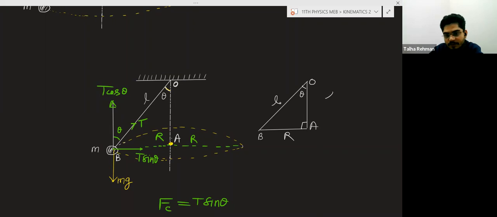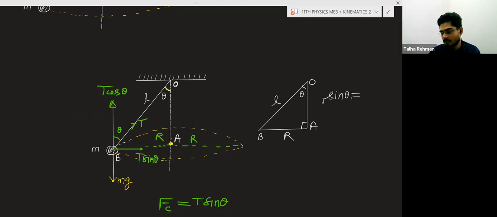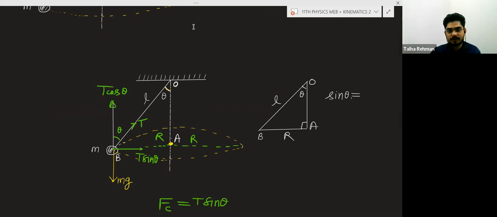So just tell me what is sine theta here. Can anyone tell me from this triangle what will be the value of sine theta? R by L. Right. R by L. Why R by L?